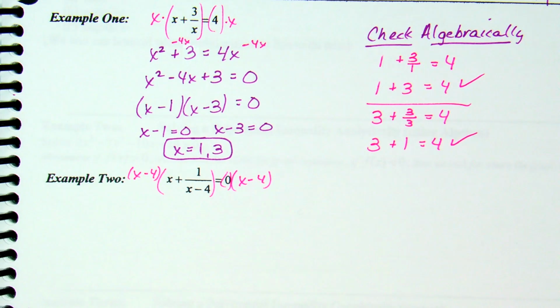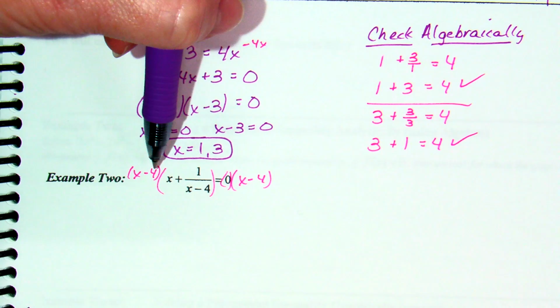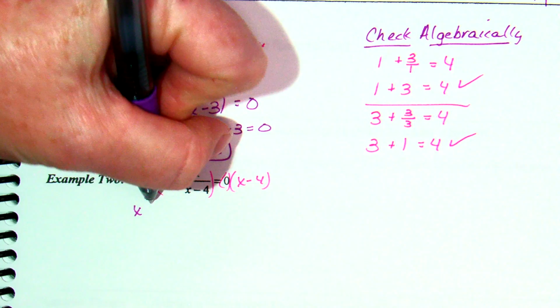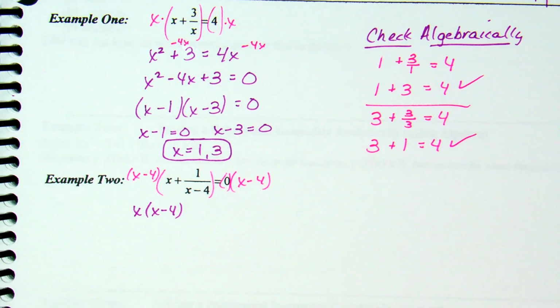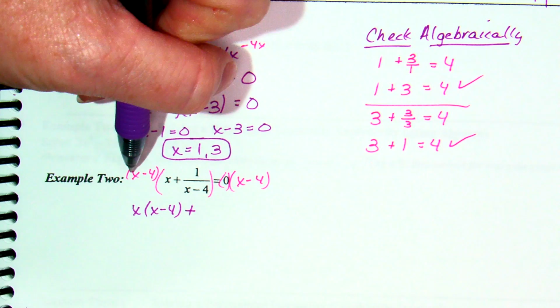That means the first thing we're doing is we're going to be multiplying x minus 4 times x. For my line 1, I'm just going to write it as x times x minus 4. But what am I going to have to do if you haven't done already? Distribute. Okay, plus, what happens when you multiply x minus 4 times 1 over x minus 4?